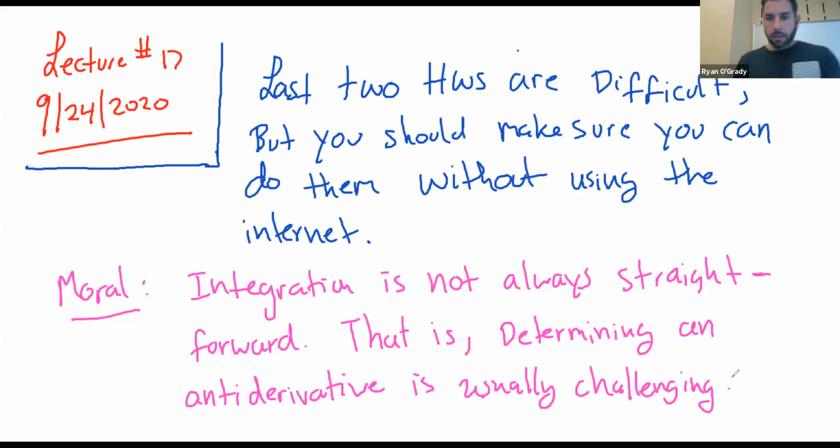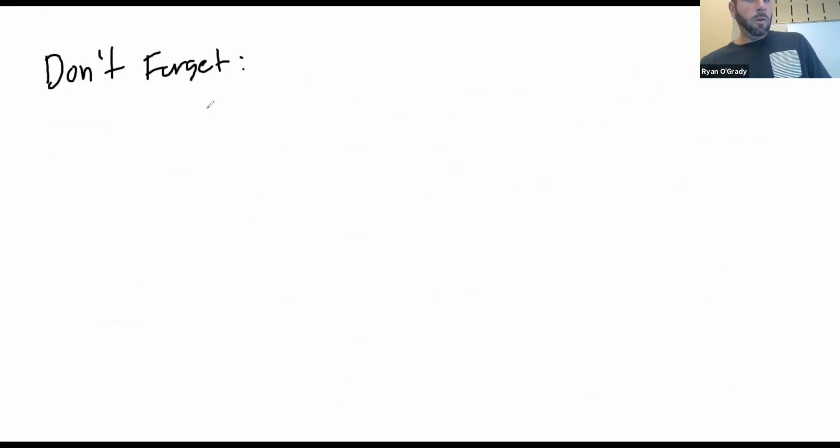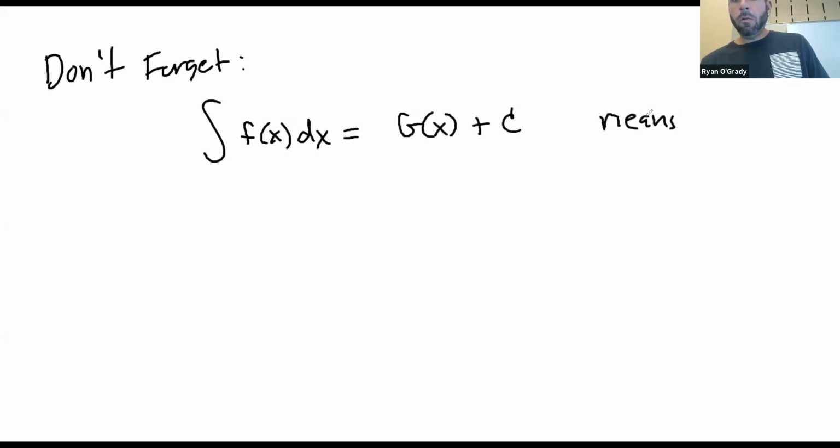So it's worth writing this on the next page. Don't forget, when we write something like this, it means g prime of x, the derivative of g, is f of x.